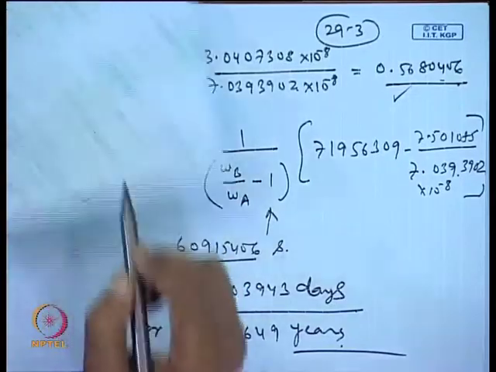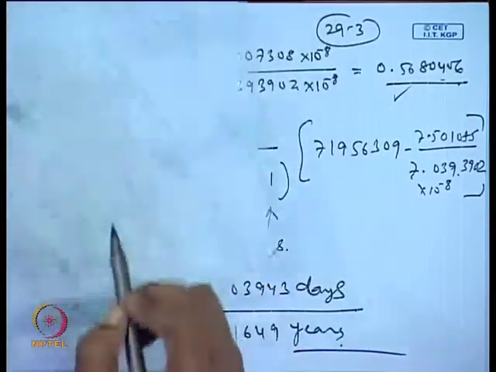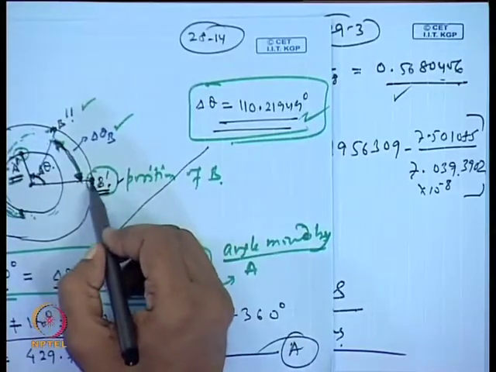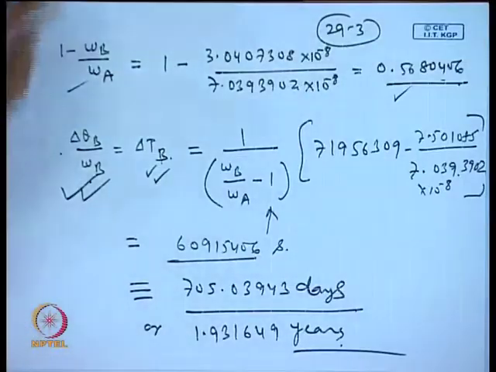So, delta theta B, this angle divided by omega B, which is the angular rate of the asteroid B, gives you the wait period. So, finally, we have got the results, which can be summarized. So, part B is complete.